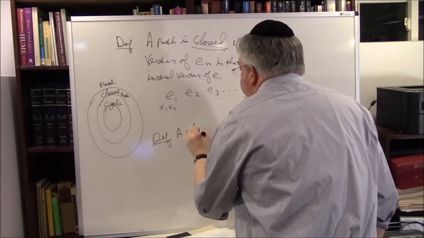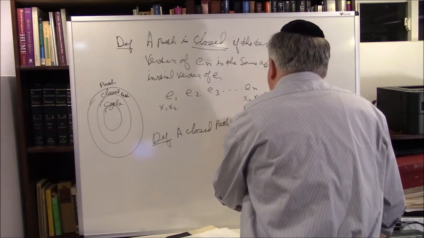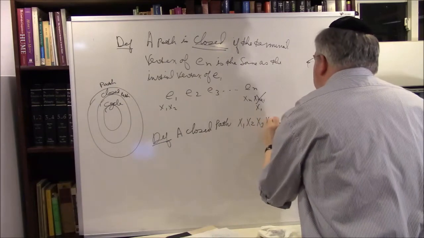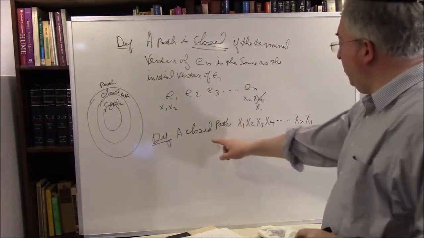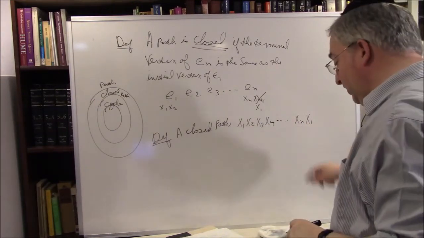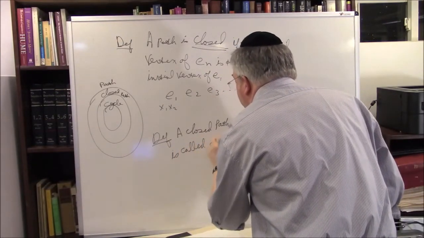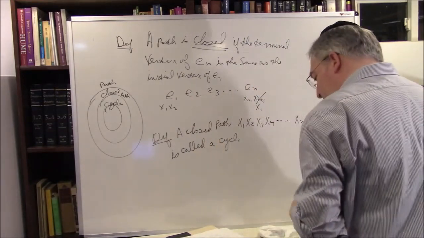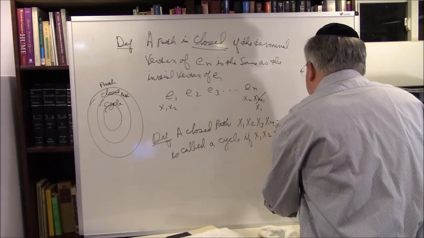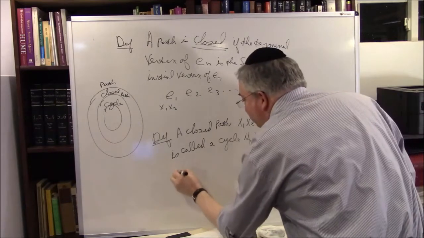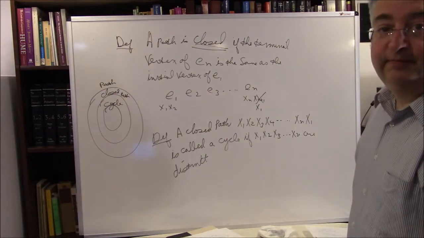A closed path x1, x2, x3, x4, these are the vertices it goes to, xn, x1. This is a closed path because it starts at x1 and it finishes at x1. It is called a cycle if x1, x2, x3, all the way till xn are distinct. Means not the same.